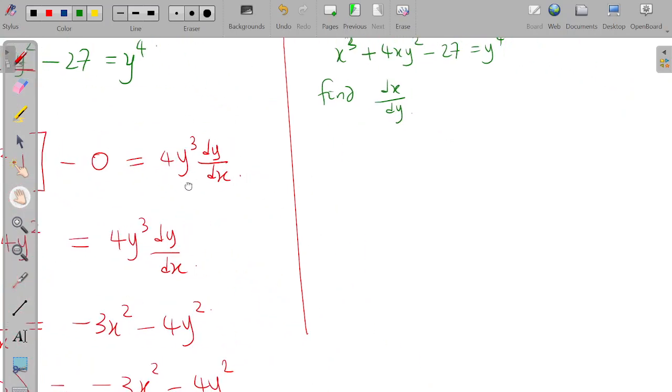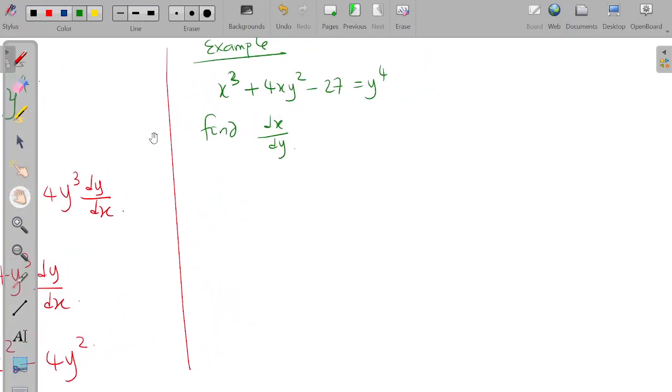So how do we do this? Every time I derive x, I need to multiply by dx over dy. So I derive this now, it will become 3x squared, but because x is a function of y, I need to multiply by dx over dy.